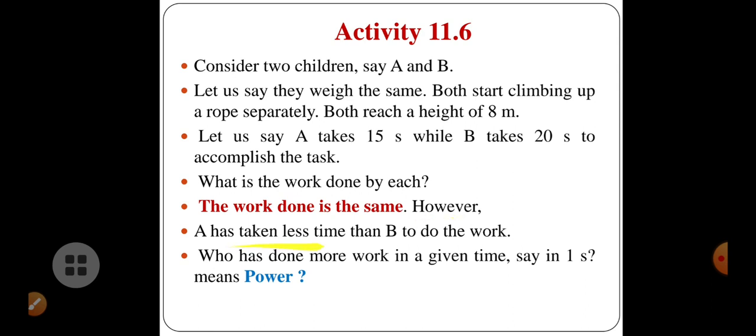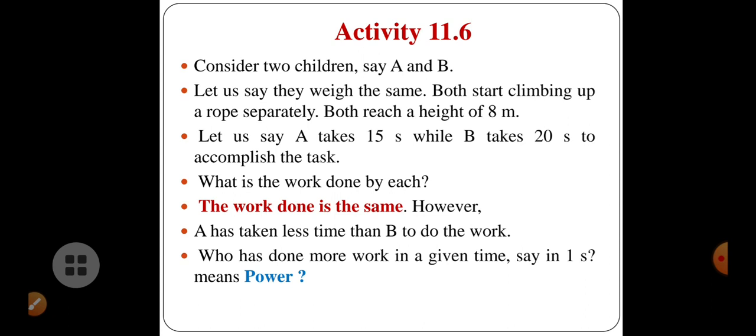However, A has taken less time than B to do the work. Who has done more work in the given time? Now, more work in given time has been asked there. It means now he is asking about power.